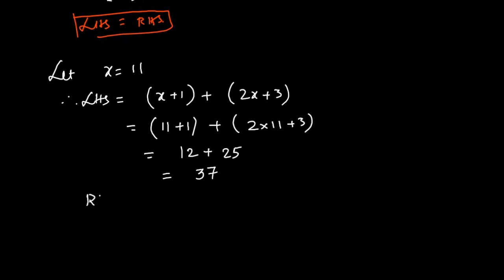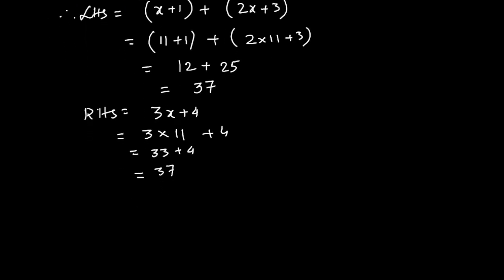Again the right hand side becomes 3x plus 4 equal to 3 into 11 plus 4, 3 into 11 is 33, plus 4 equal to 37. So again here we can see that the left hand side is equal to the right hand side.